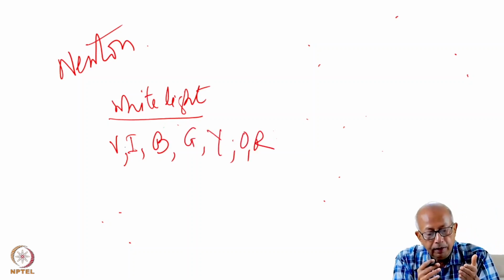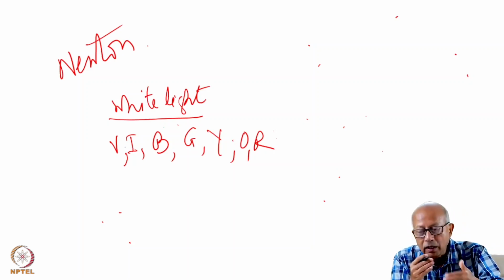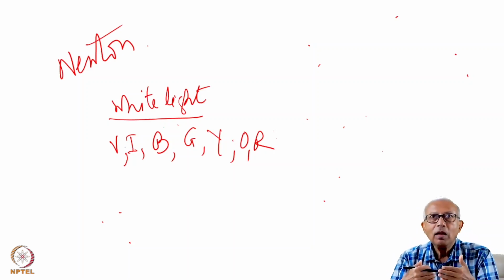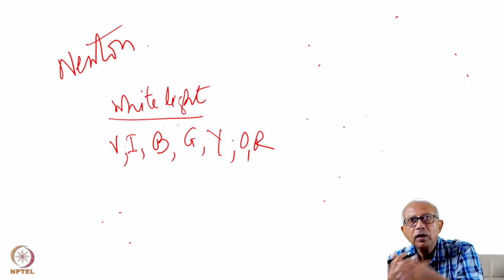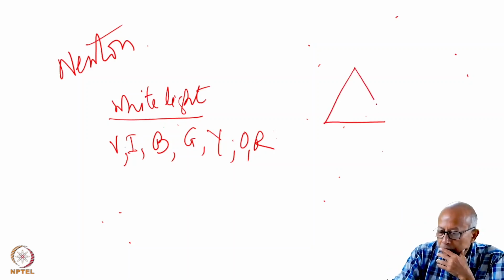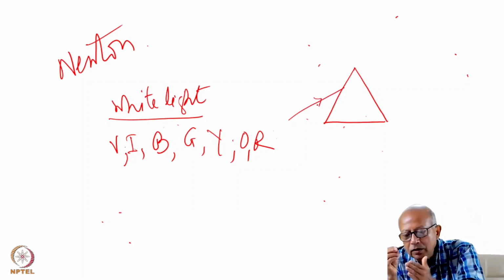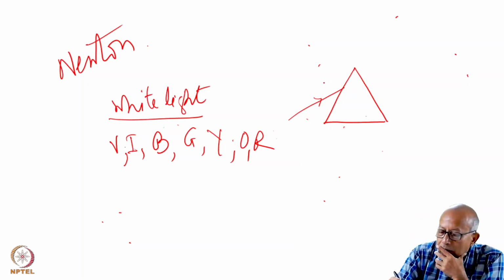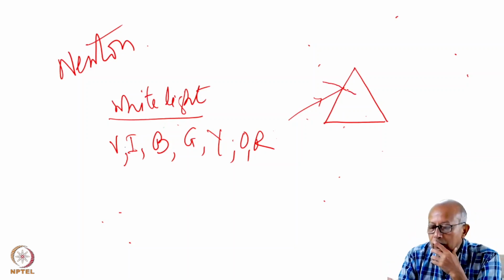He showed that if this white light shines on something which has a refractive index different from the air, for example, he used a prism, and he showed that when white light shines on one of the surfaces of the prism, then it would of course be refracted into the prism. This is air, this is glass.